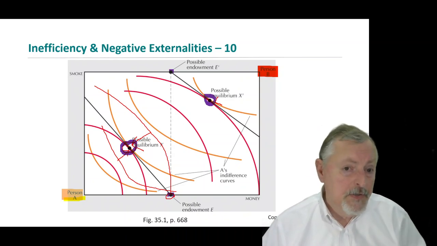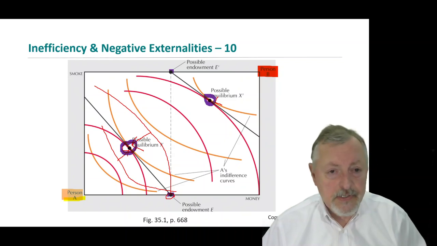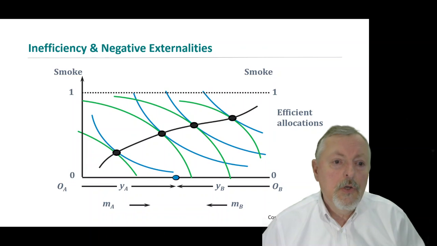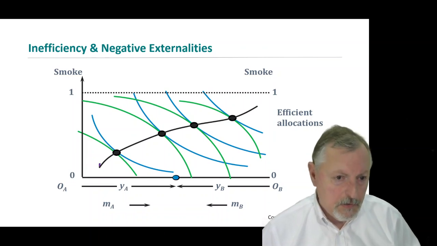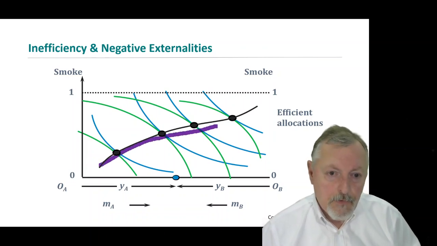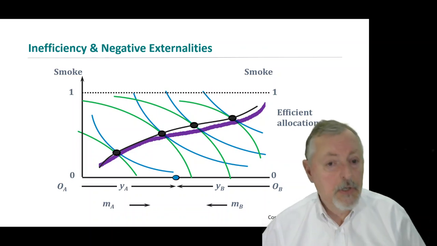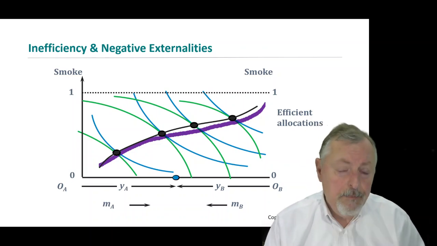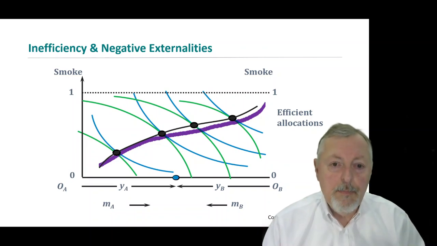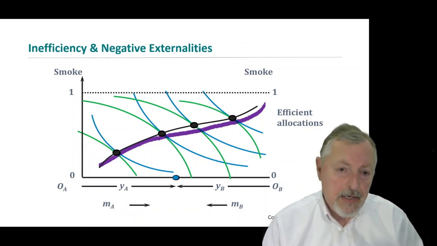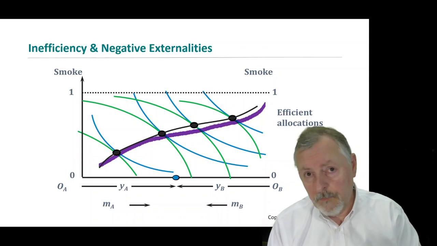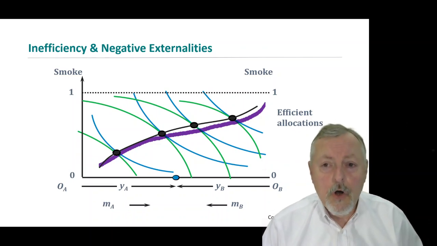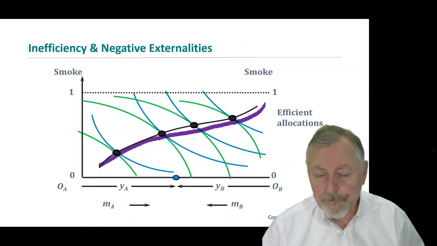These are two Pareto optimal results, depending on what the initial endowment is. You can plot all of those results for all the different initial endowments. These black dots and the line are all of the Pareto optimal allocations that could be negotiated to, given all the different possible initial endowments. This is called the contract curve.